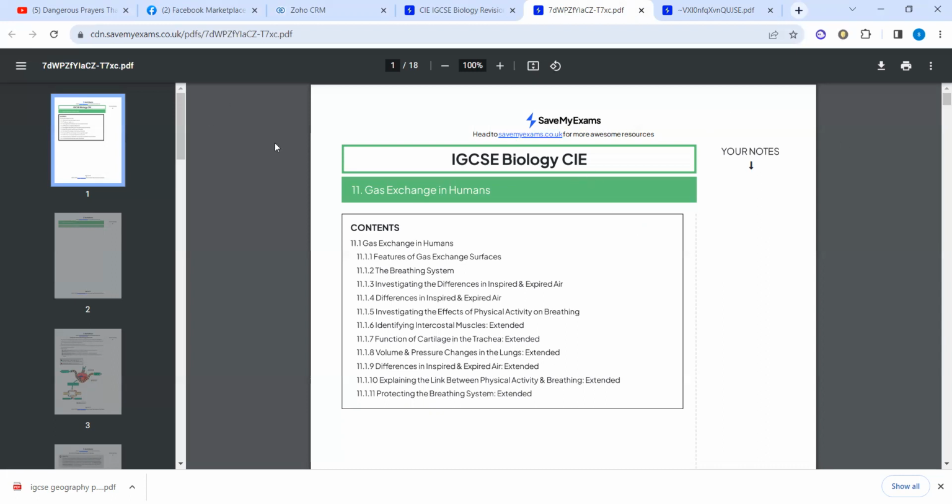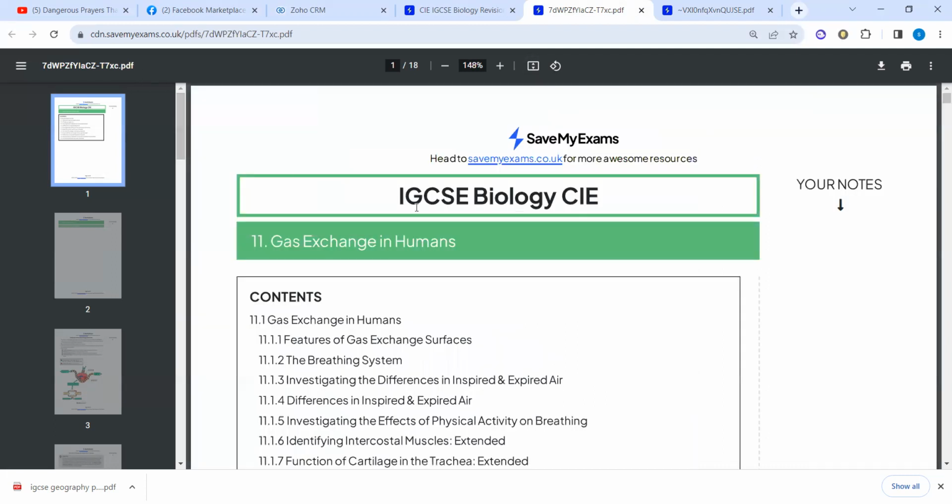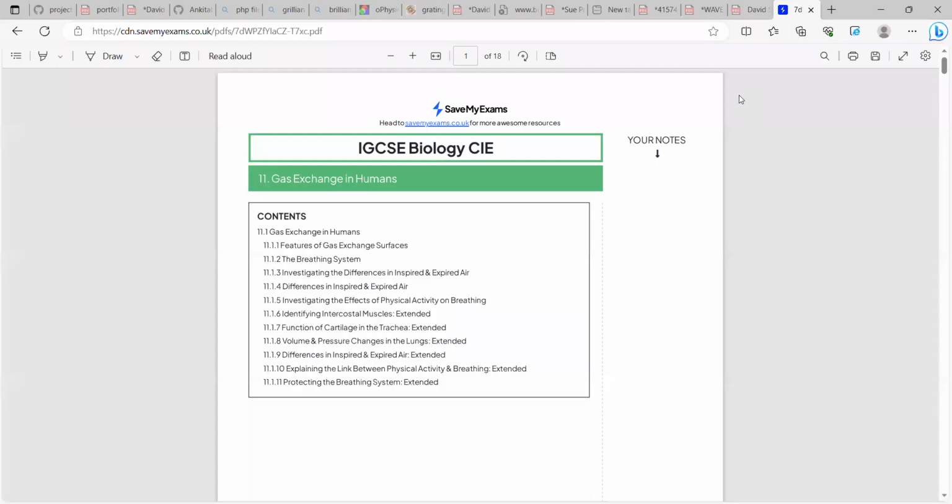Let me maximize this. Examples of systems in the human body include the circulatory system. Well, I can't write anything here. But if we do this, I'll be able to write.